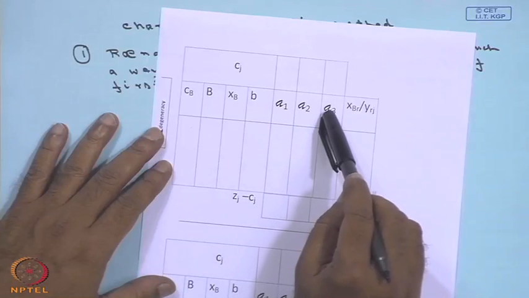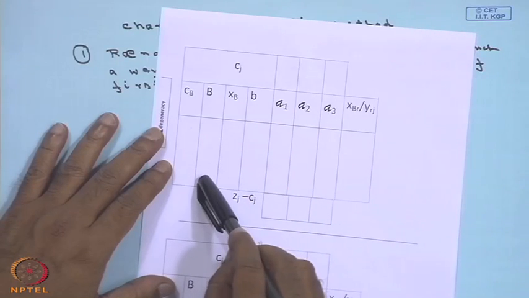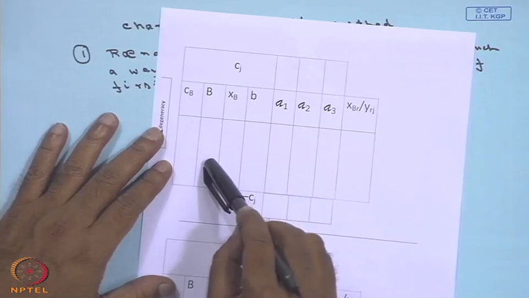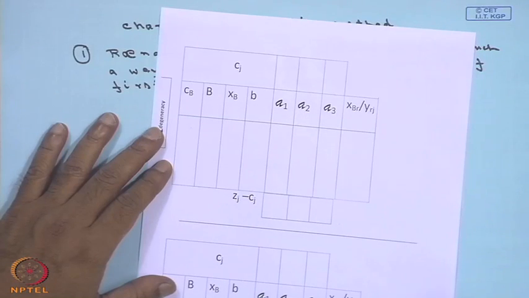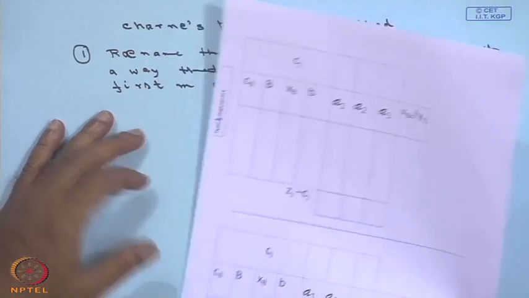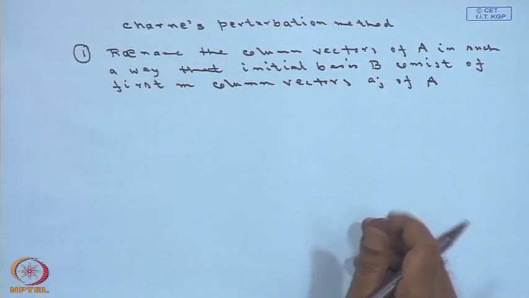That means, this A vector will be replaced by these B vectors. In B, how many are there, depending upon that you will take how many vectors or elements of A vector you will take. So, this is the first step.